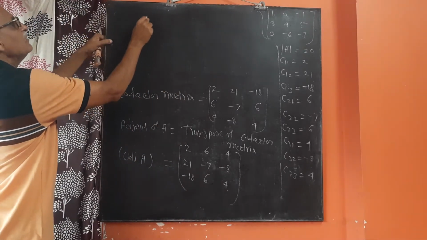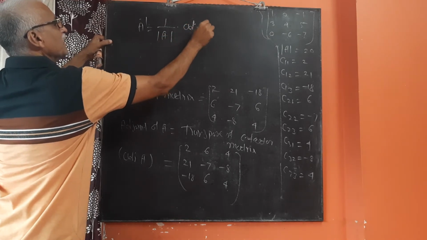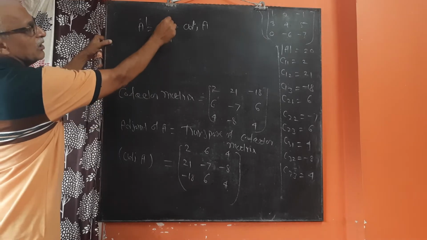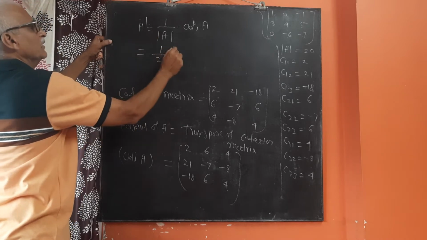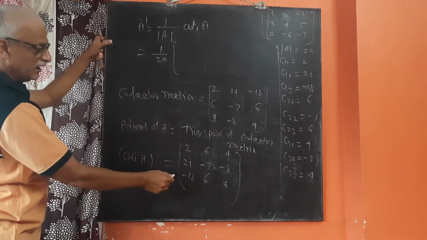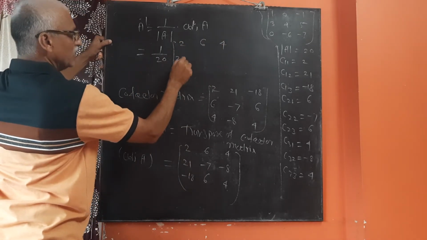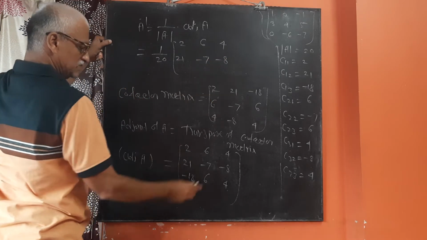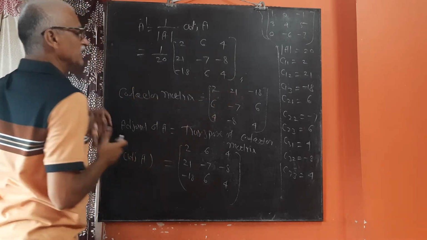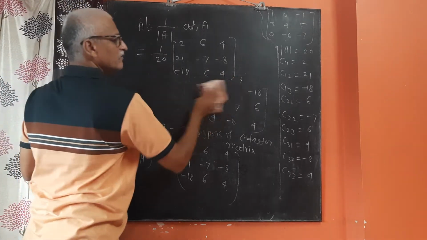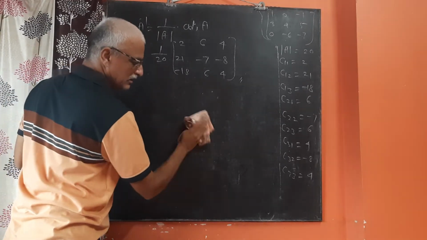A inverse is equal to 1 upon the determinant of A into the adjoint of A. So substituting the value, 1 upon the determinant of A, which we found as 20, so 1 upon 20, into the adjoint of A, this matrix: 2, 6, 4, 21, -7, -8, -18, 6 and 4. So that is the inverse of the given matrix. In this way you can find the adjoint as well as the inverse of the given matrix.